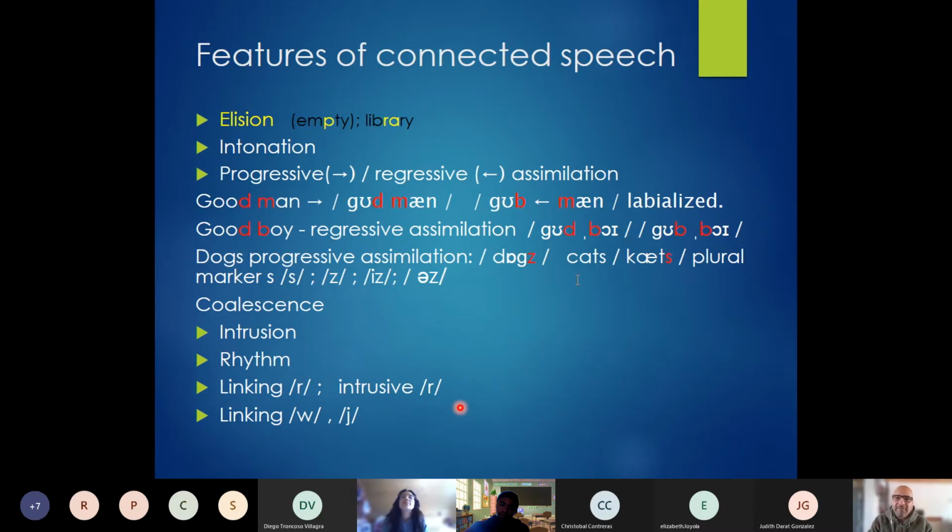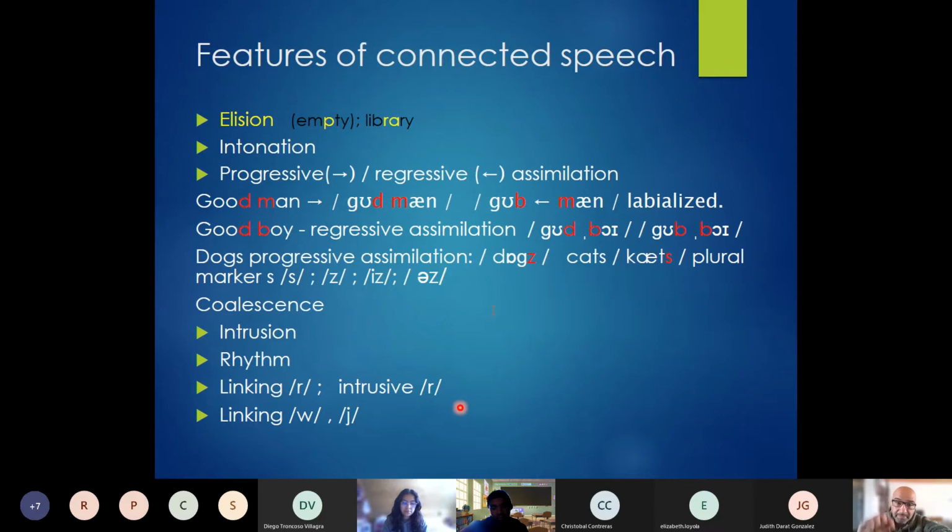I wonder how they refer to these features in Eastern societies or Asian societies, Arabic countries. I wonder about that. I'm going to find out later. So that's a very good example, Judith. Very good explanation and answer, Elizabeth, and also very good thinking aloud, Daniela. Dogs and cats. Very good example for progressive assimilation.